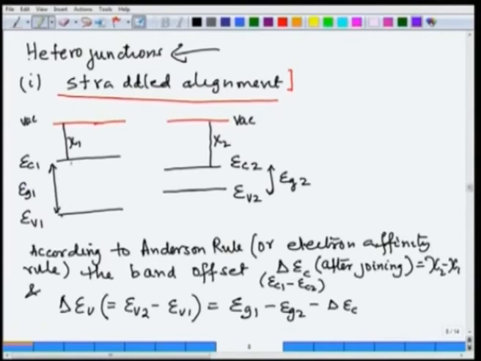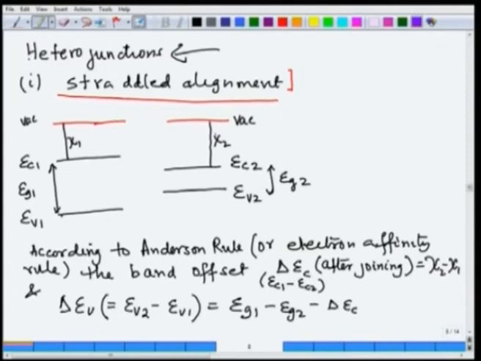It is a larger band gap, and the other band gap is straddled. EG2 is a small band gap, and it is straddled between these two. So EC2 is here, and EV2 is here. That means the EV2 level is higher than the EV1 level, whereas the EC2 level is lower than the EC1 level, and hence the word straddled is being used, which also means that the electron affinity will be higher.